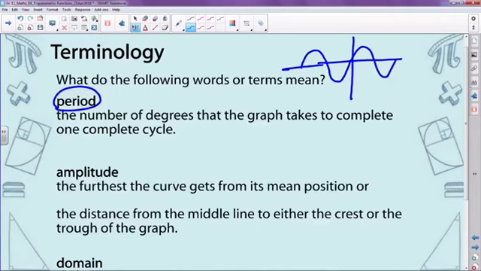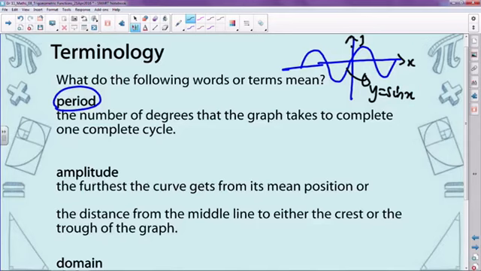This is your parent graph of y equals sine x, and it takes 360 degrees to complete a cycle. That's the same thing with cos as well. And then that's your y, that's your x. And with your tan, as we'll be looking along, it completes every cycle in 180 degrees.